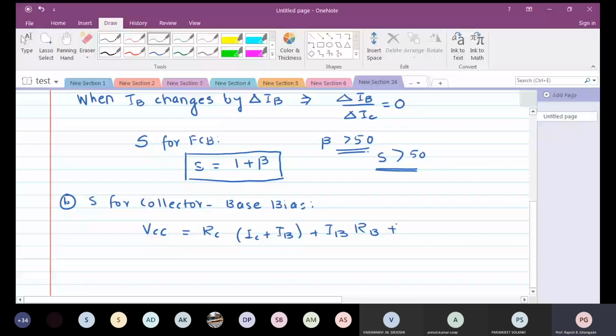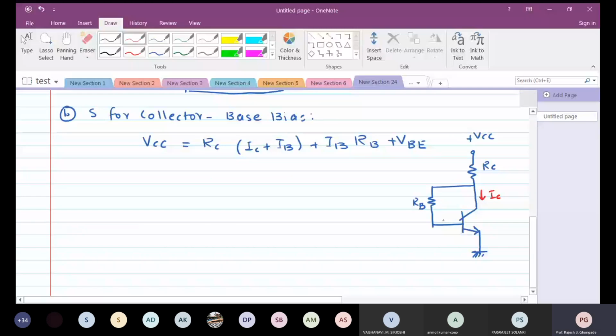We have this as IC, this as IB, and this as VBE. Now what is going to be the current flowing through RC?